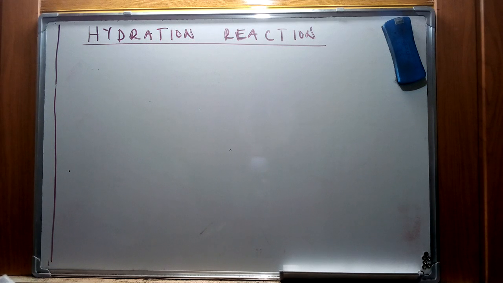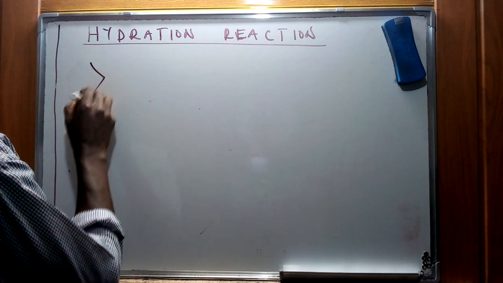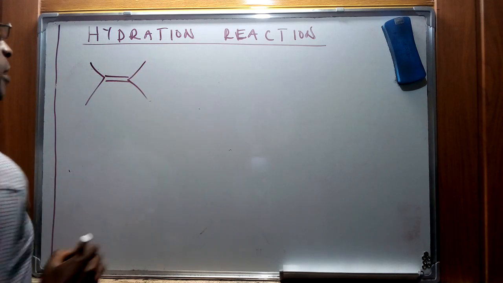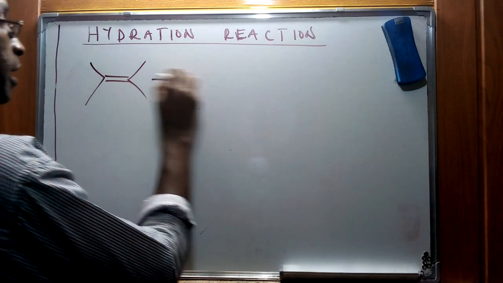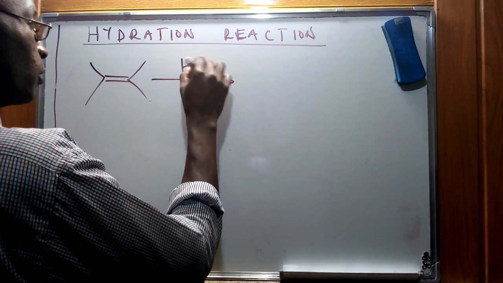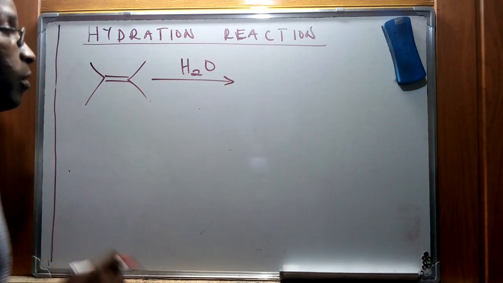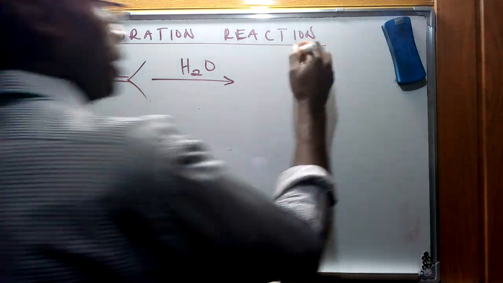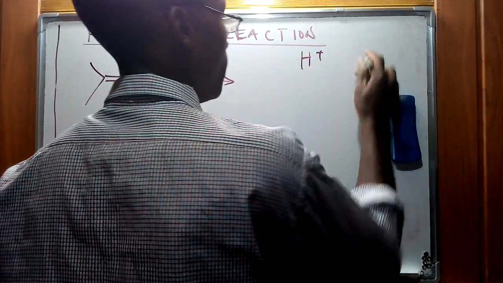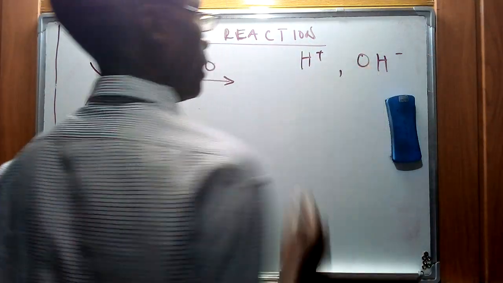Now I'm going to give a specific example, and this is an example that we're going to follow from the basic mechanism that I've illustrated on the board. So we're going to have this double bond, which is going to undergo hydration. In the hydration process, the OH group together with the H positive is going to be added to this particular alkene.